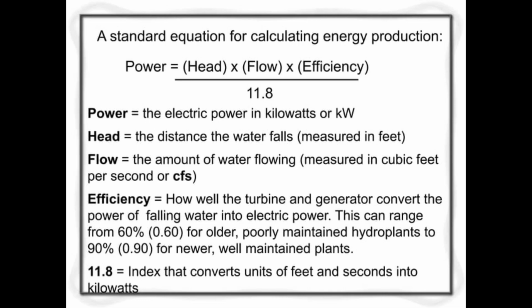This can range from 60% for older, poorly maintained hydro plants to 90% for newer, well-maintained plants. 11.8 is an index that converts units of feet and seconds into kilowatts.